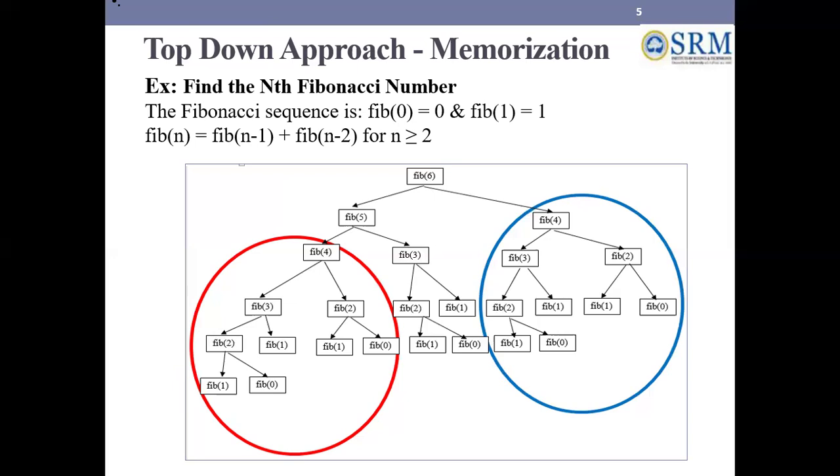Like that it is divided recursively till we reach Fibonacci of 1 and 0, the base case. Here the base case is Fibonacci of 0 is 0 and Fibonacci of 1 is 1. That is the 0th term and the 1st term. See the recursive calls: all leaf nodes are Fibonacci of 0 or Fibonacci of 1.